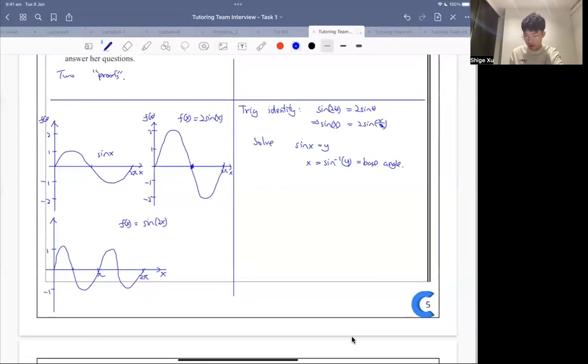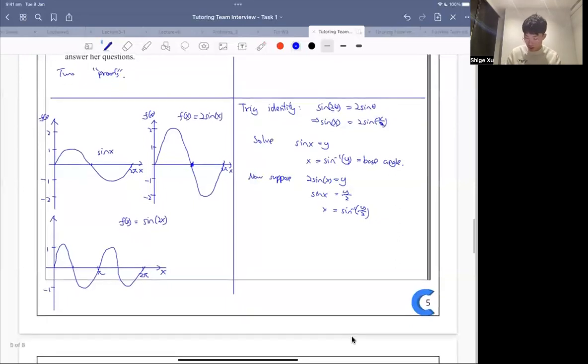This is the base angle. Sine x is the sine inverse of y. Easy. Now suppose we have 2 sine of x equals y. Then sine of x equals y on 2, and x equals sine inverse of y divided by 2.